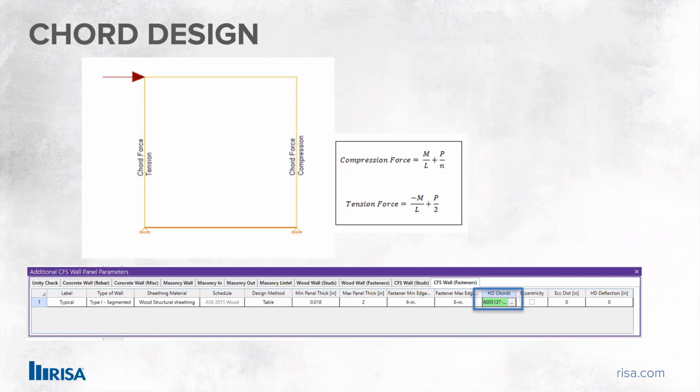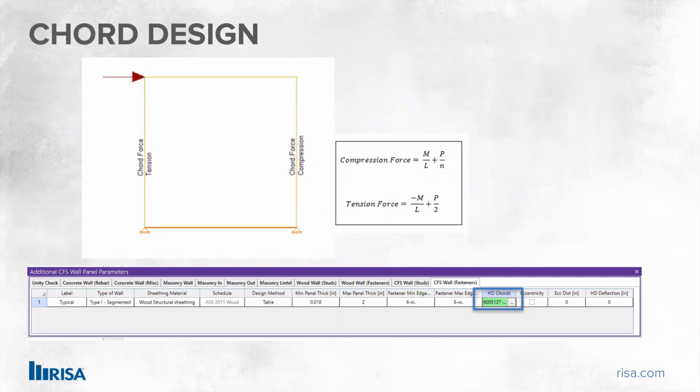And then for tension, we use a little bit more of the entire wall as if it's holding it down. So it's going to see a moment over the length of that wall plus the axial, P axial divided by 2, which basically is half the wall holding it down. So it's a little bit more load helping it to hold it down in tension, if that makes sense.